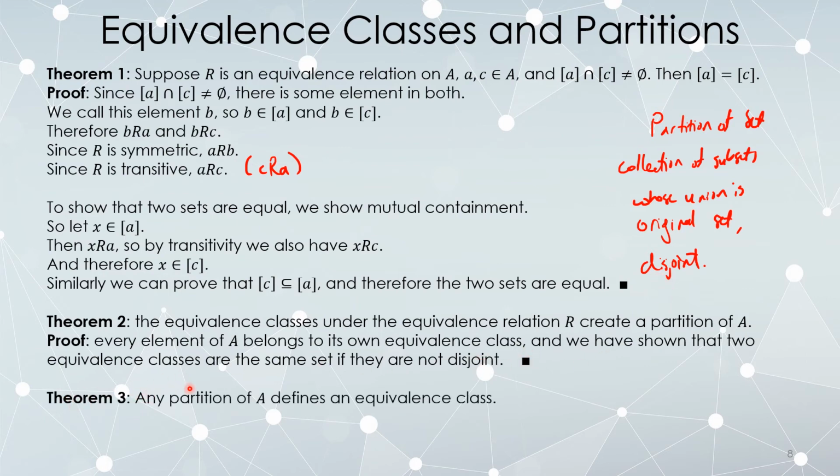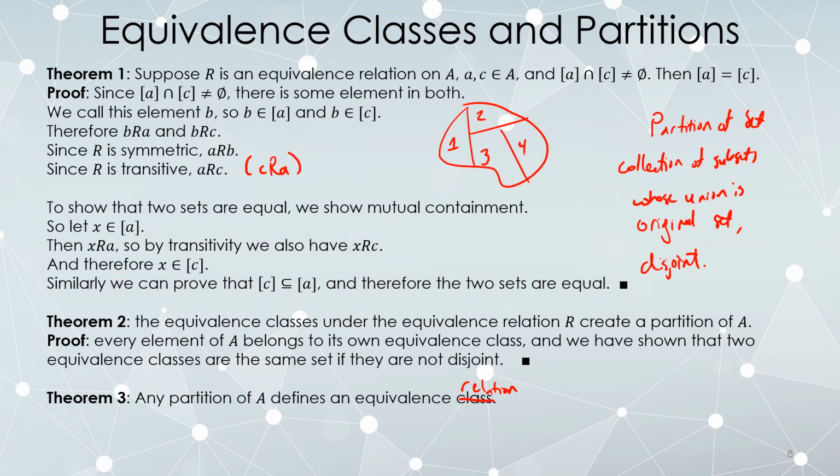Next theorem: anytime you have a partition, that actually defines an equivalence relation. So suppose you take a set A and you chop it up into pieces. Part 1, part 2, part 3, part 4. I've made a partition. If I union these pieces back up, I get the entire original set, but the pieces I chopped up are all disjoint from one another.